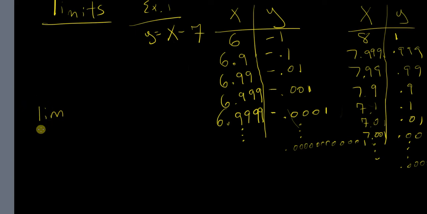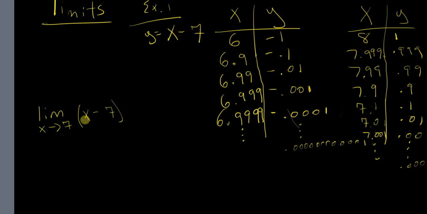So in this case, we are approaching 7. x approaches 7. We are taking the limit for the function x minus 7.